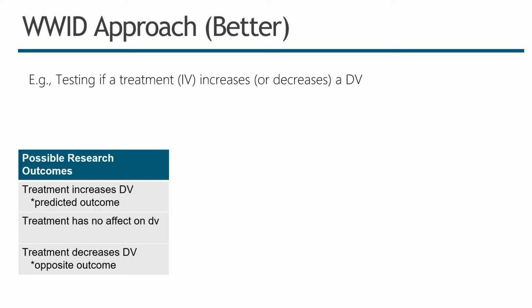Here I'll try and highlight when a one-tailed p-value and when a two-tailed p-value would be deemed appropriate within the what would I do approach. The first thing you need to do is identify the potential outcomes for your research. The three possible outcomes in this case are a treatment can increase a dependent variable, and in this case, that's what the researcher is predicting. The treatment might have no effect on the dependent variable, or the treatment might, for some unknown reason, decrease the dependent variable, the opposite outcome.